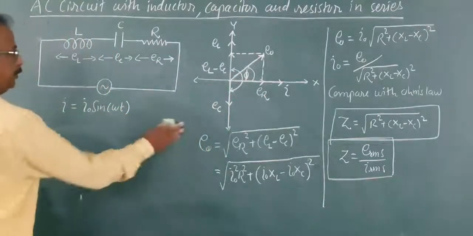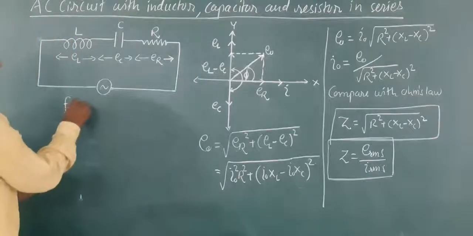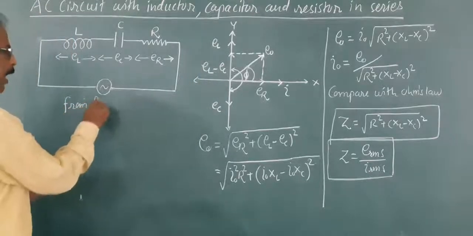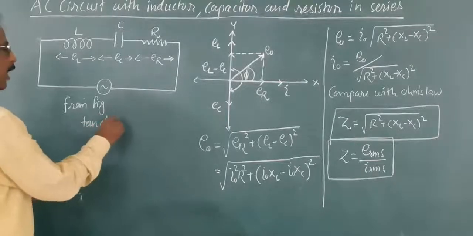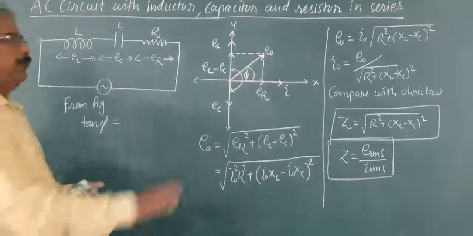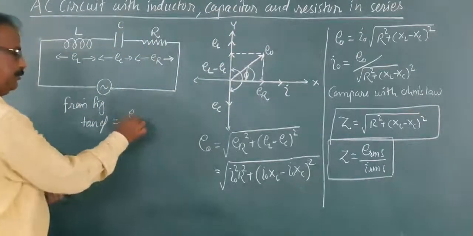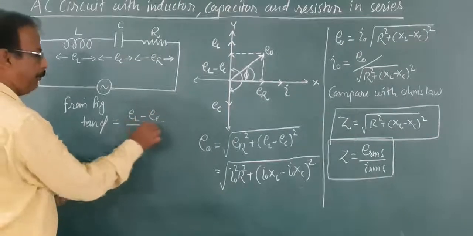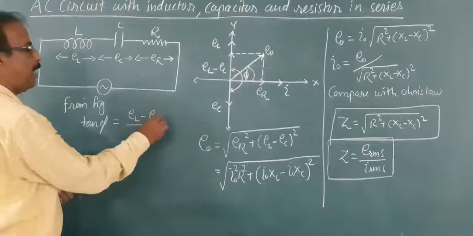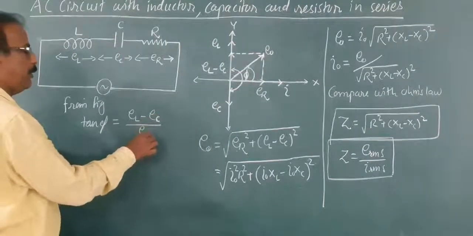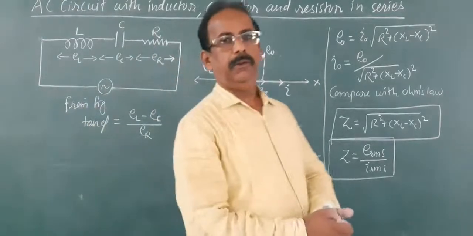From this figure, we can write tan phi equal to (EL minus EC) upon ER, opposite upon adjacent.